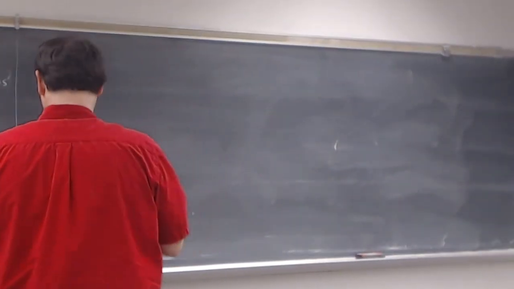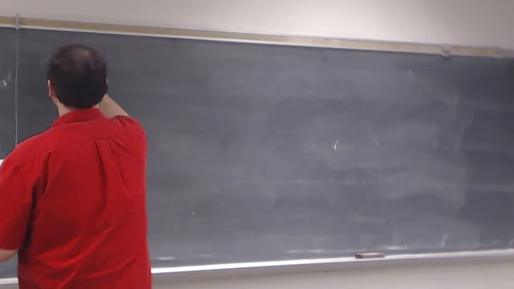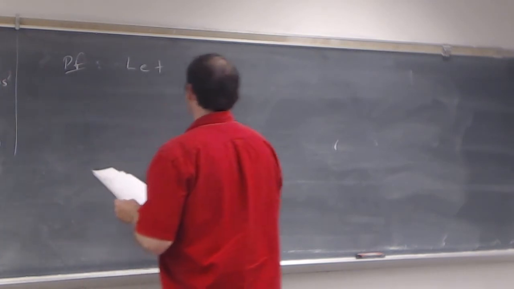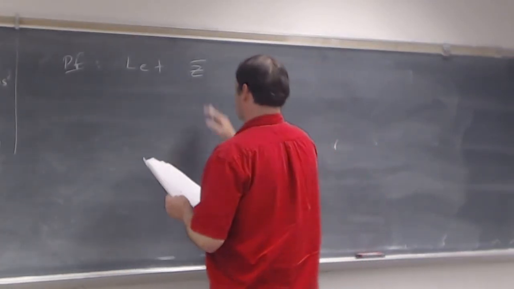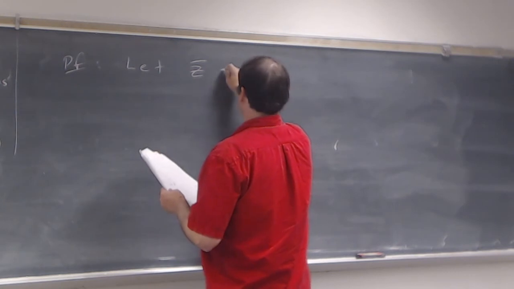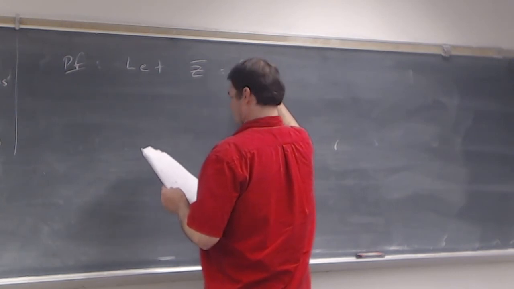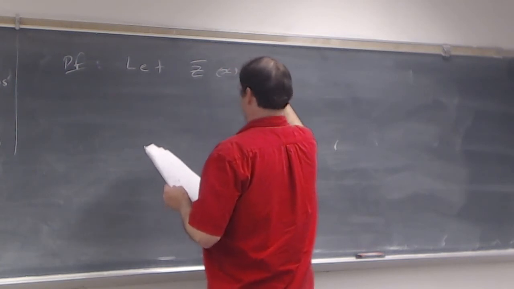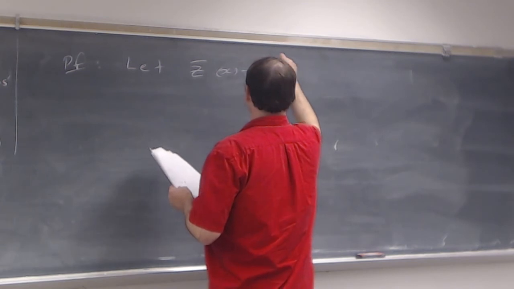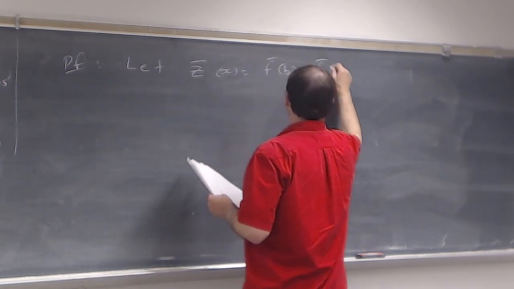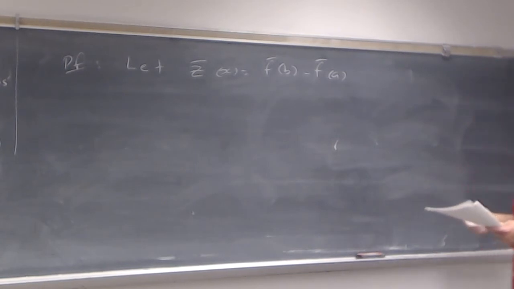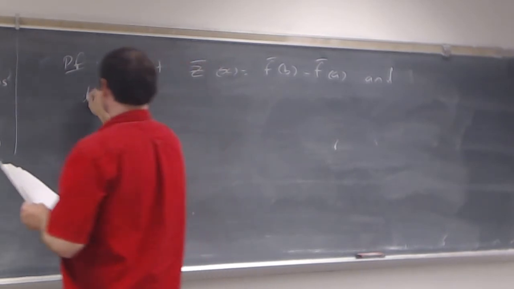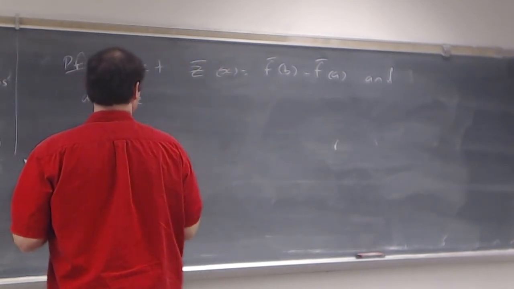Okay. So to prove it, we start off by letting z bar, which isn't thought of as necessarily a complex number, it's a function. Let's say z bar of x is equal to f bar of b minus f bar of a. So it's a constant function, if you will, a constant function into R^k.